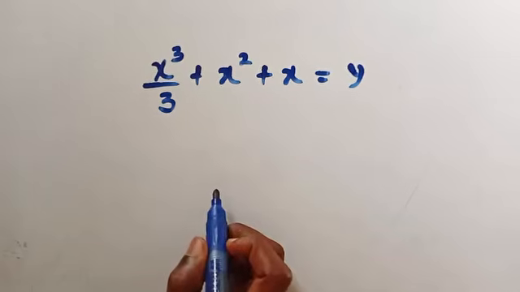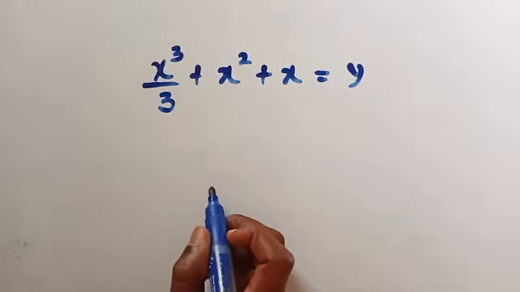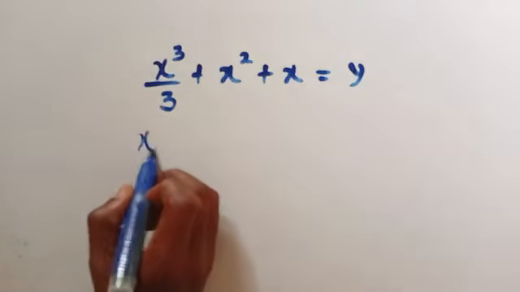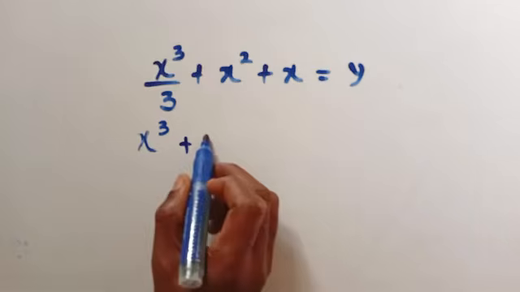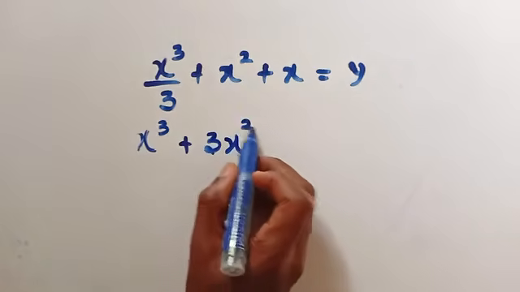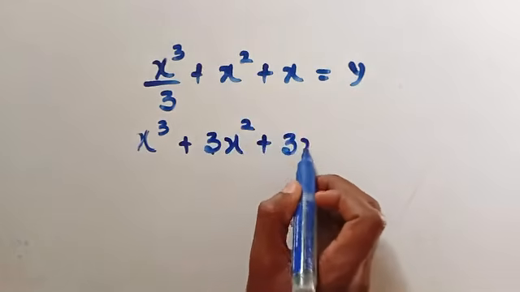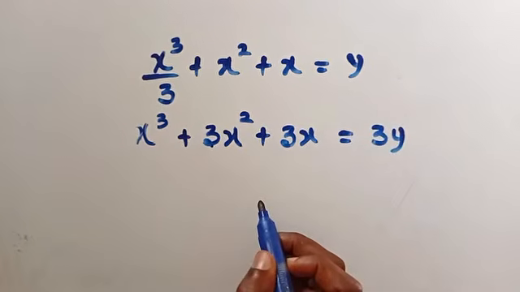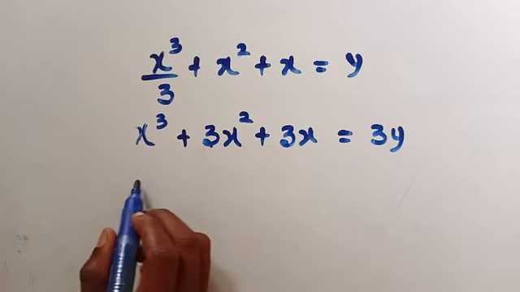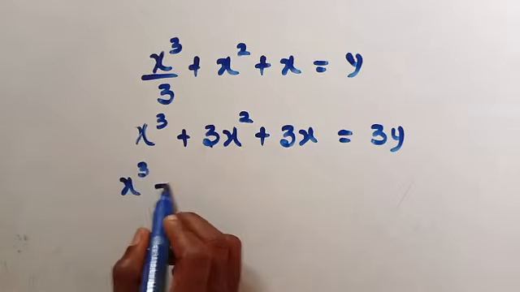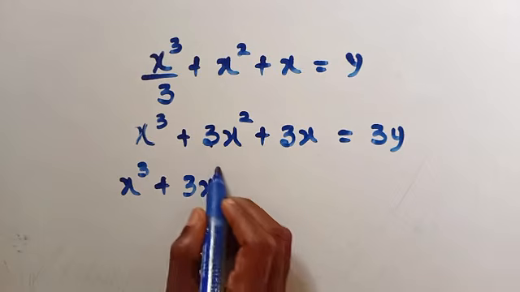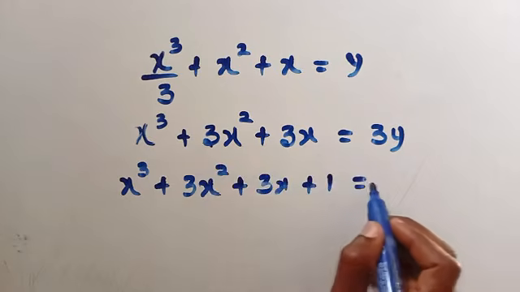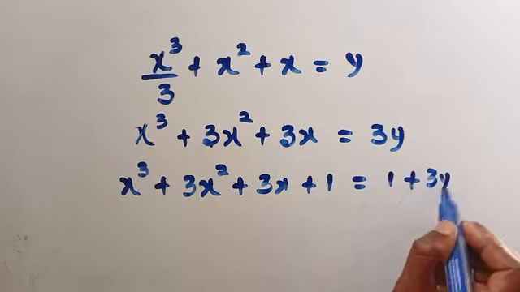Next, looking at this side, let's multiply through by 3. Multiplying through by 3, the 3 cancels 3, and here we have x cubed plus 3x squared plus 3x equals 3y. Next, let's add 1 to both sides. We have x cubed plus 3x squared plus 3x plus 1 equals 1 plus 3y.